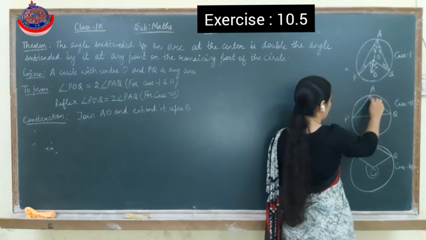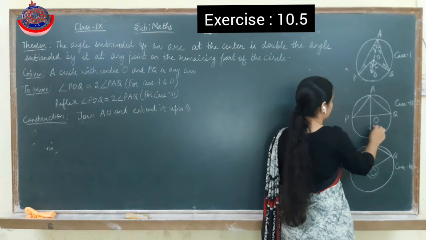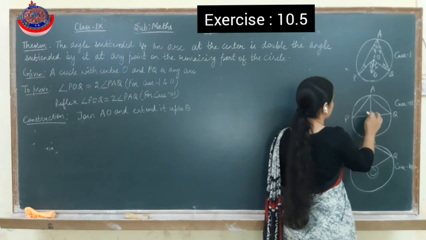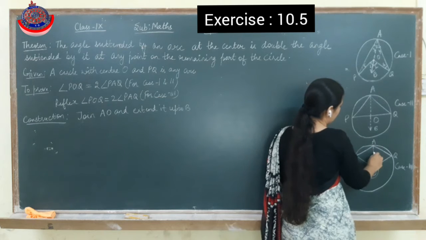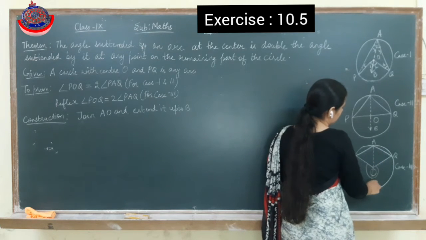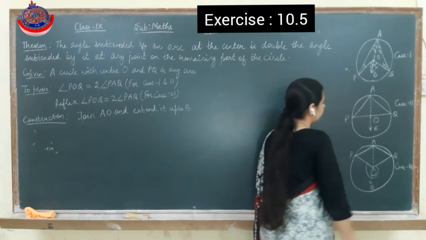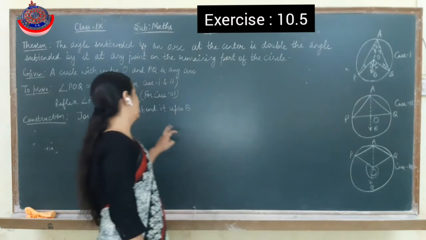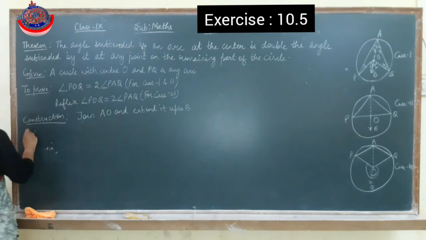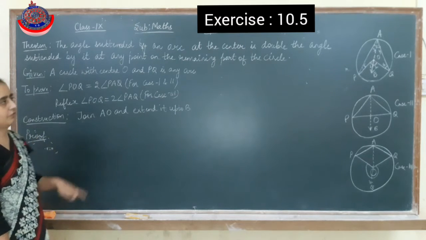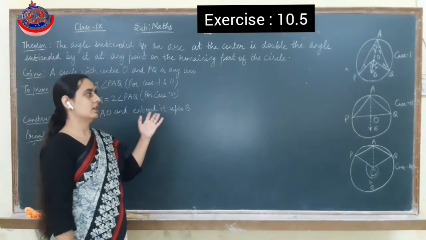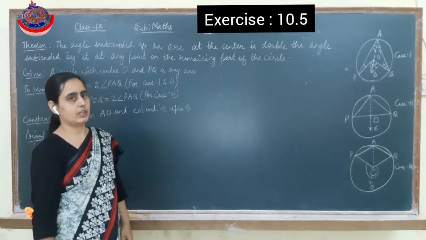As it is a construction, you should draw the dotted line. Similarly here. Fine. So come to the proof. I am doing the proof by taking the first figure into consideration. Then similarly we can do the others.